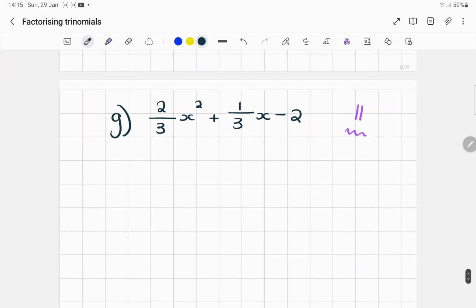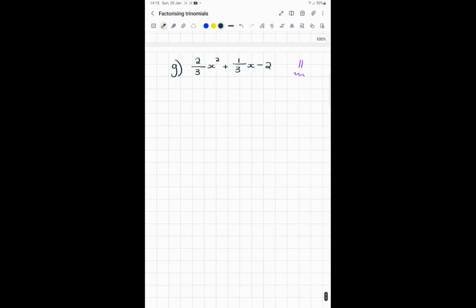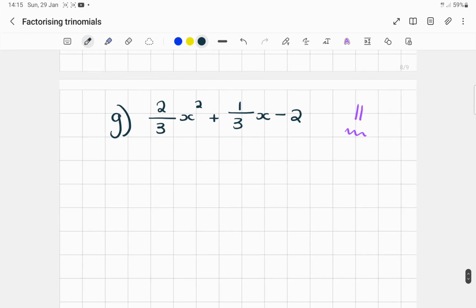All right, so this one was in a class, and some of the students struggled a little bit, or they did at first glance. I think it seems very hard, but just remember, oh, sorry, I've turned my paper. There we go. All right, just remember, if you deal with fractions, first things first, you need to get a common LCD.